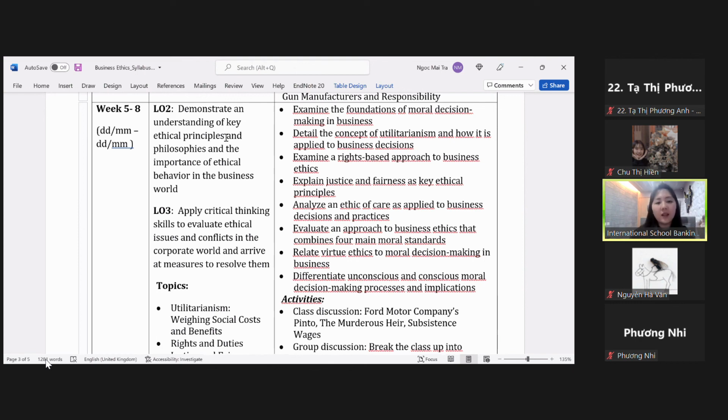And then we learn about ethical philosophies, who are the most famous ethical philosophers in the world. We are going to get to know them and their work, the theories they came up with, and how we can apply their theories to our decision making. Okay? And the importance of ethical behavior in the business world.